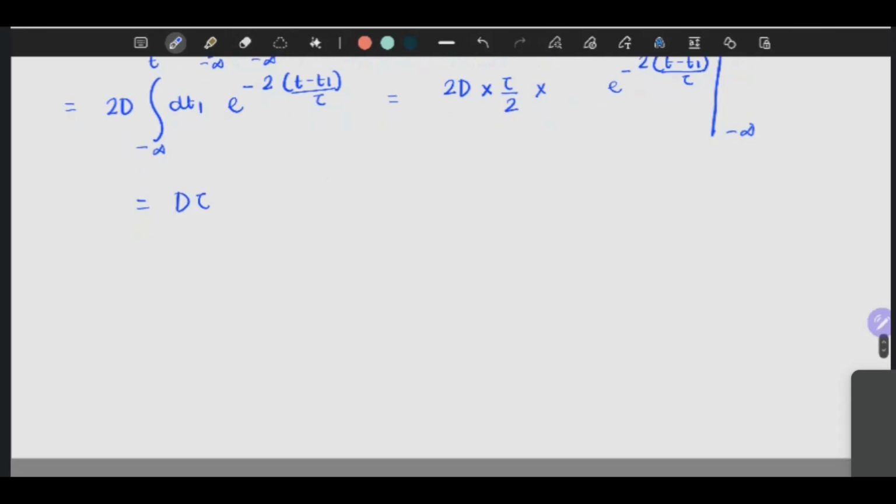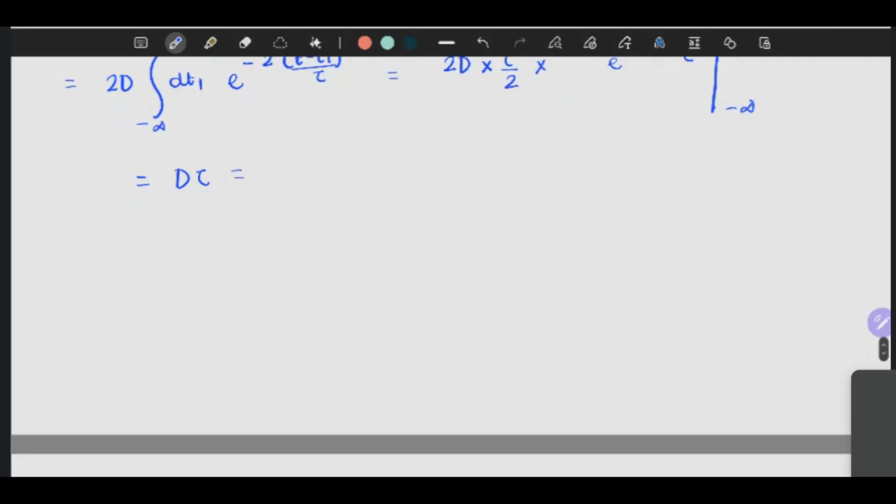Now D is kBT by gamma and tau is gamma by k.